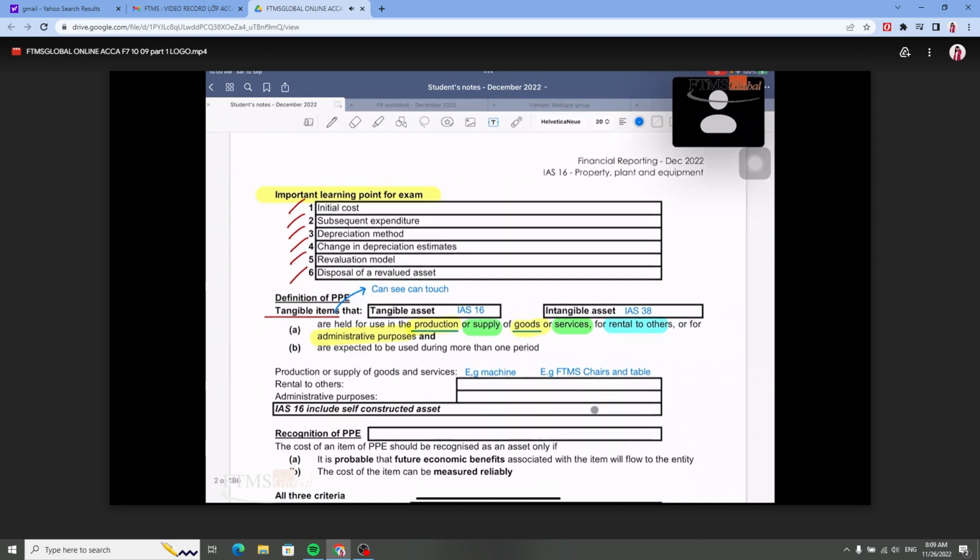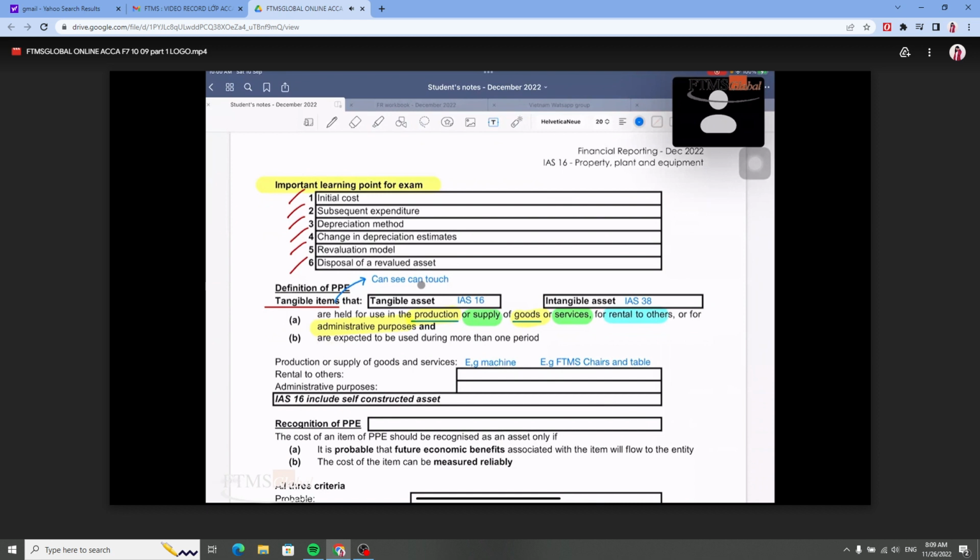This one is clear cut, everybody knows. What most people might not know is that PPE is also applicable to rent to others. So if you use the asset and rent it to other people, then you can apply IAS 16. An example of rent to others is taxi. In Vietnam, we have Mai Linh Taxi, we have Taxi Group, correct?